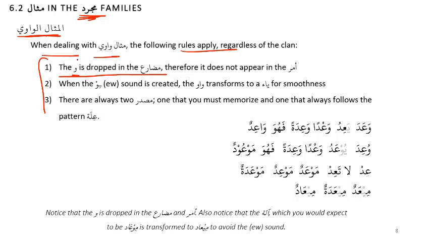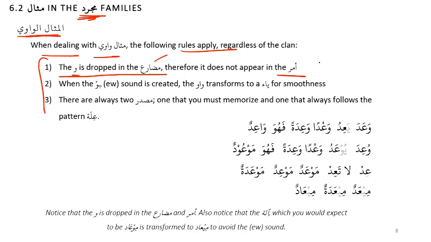So this is one basic rule, that if you have a mujarrad where the fa letter is a waw, in the mudare, the waw is just dropped. Since the waw is dropped in the mudare and the amr, I hope you realize that when we create the amr or the command, the first thing that we do is we remove the fail mudare indicator, and then we start with the first letter.